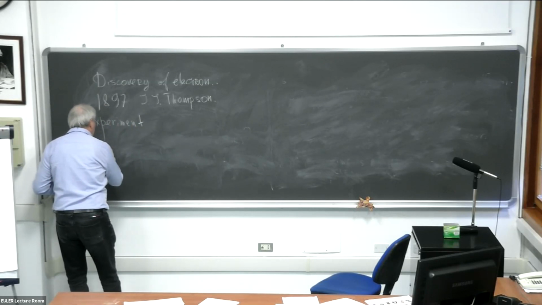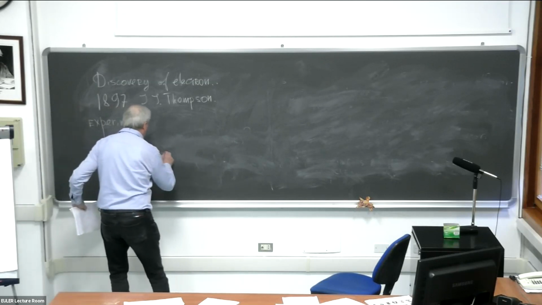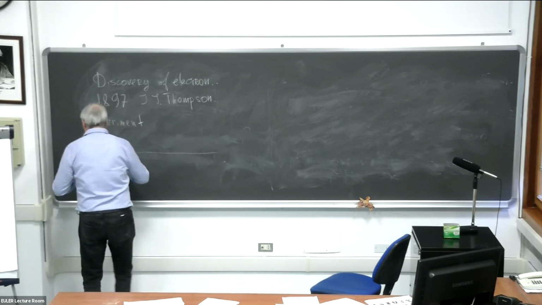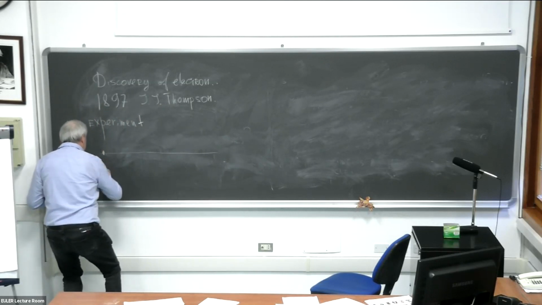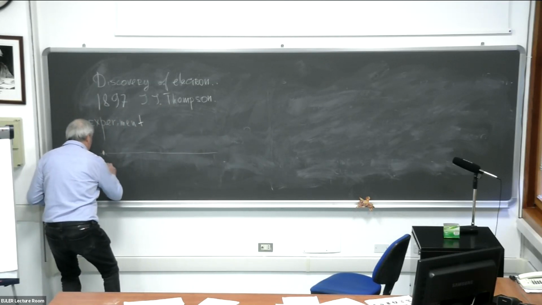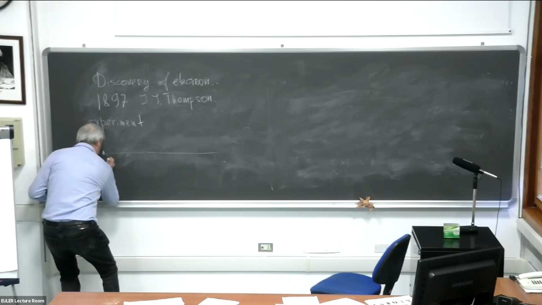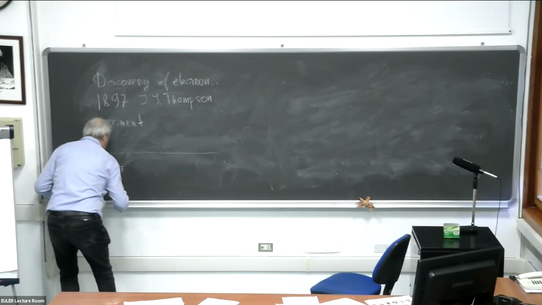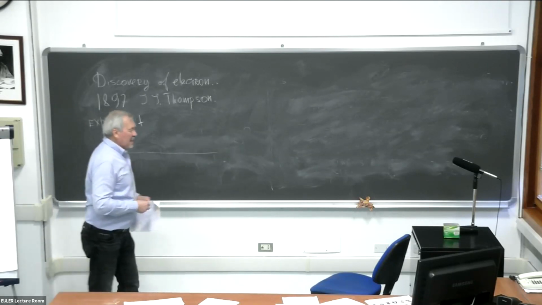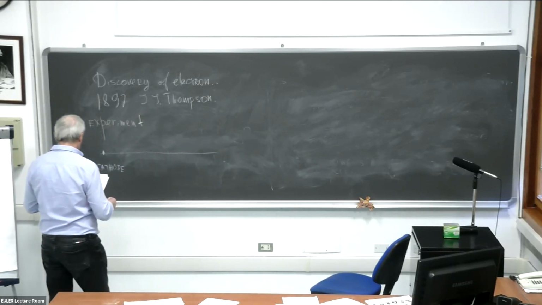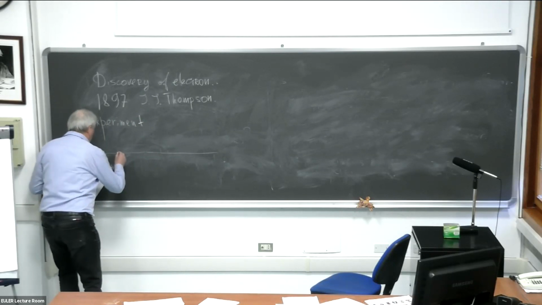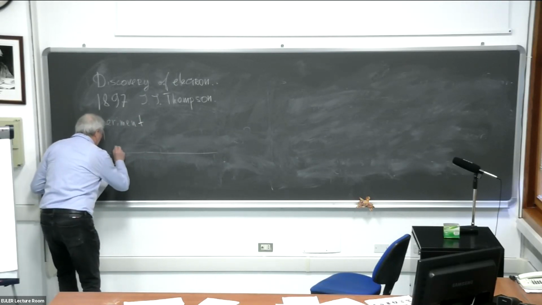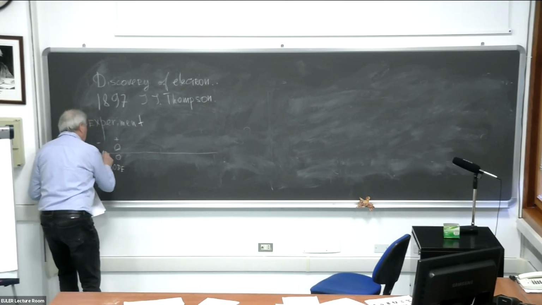Schematically, the experiment looked as follows. So there is this cathode. And I will show at some point the slides with all these pictures of the experiments. And the anode, positively charged, this is negatively charged, and there is some tension here.